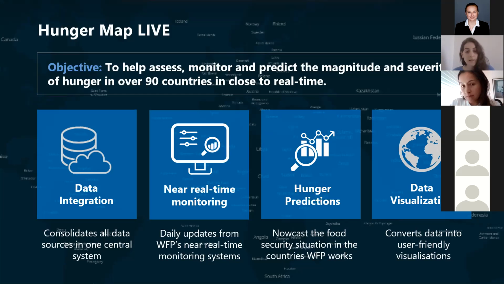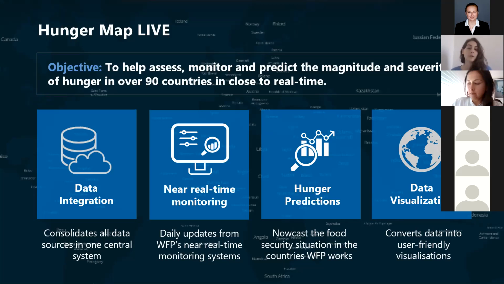But on top of that, we also had to integrate a lot of other contextual information about conflict, economics, climate, etc., that can give contextual information for the people that look at the hunger map, but also these are the components that fuel the predictive model.